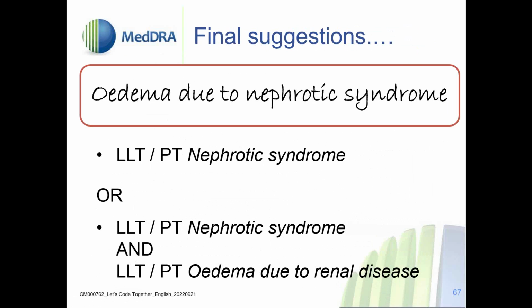I think the grade, so the severity of the edema, may differ. In the early stages, you may only have mild edema, but I think that nephrotic syndrome is really characterized by edema of different severity. Yeah, it's an option you've given, isn't it? Yes. Thank you. Any further comments? That's the only comment. Okay.